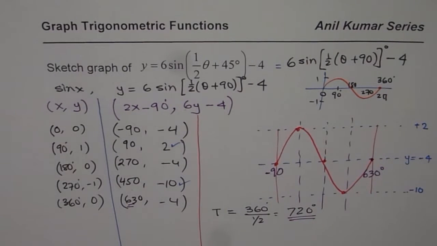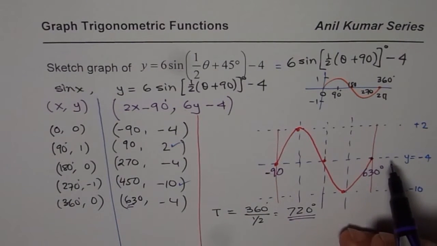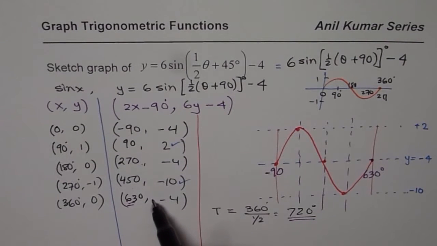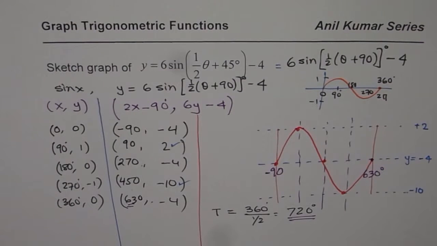Do you see that? So that is another way of doing the same thing, and you'll end up with exactly the same points without even doing this calculation. That's the beauty of it. I hope you understand and appreciate it, correct?